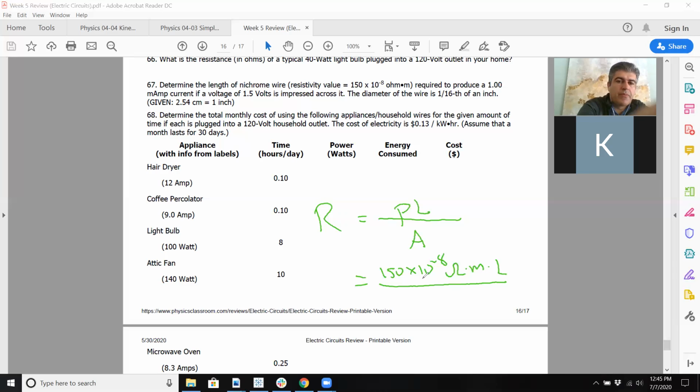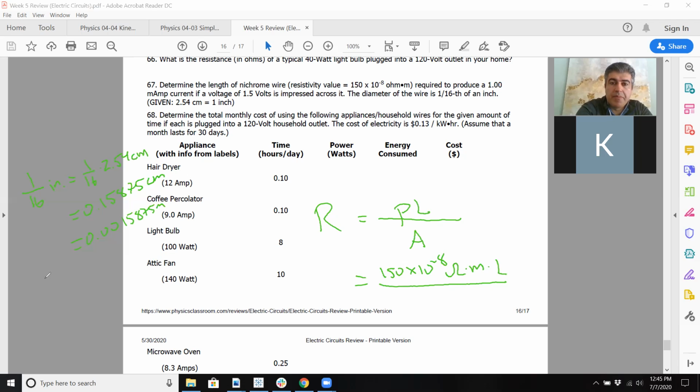So 1/16 of an inch will be 1/16 times 2.54 centimeters. We want to convert that to meters, so I'm just going to divide by 100. That gives 0.0015875.